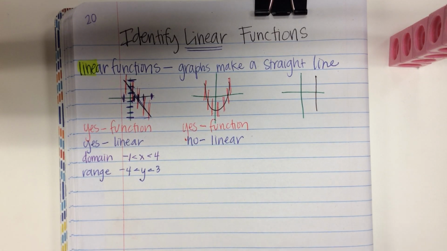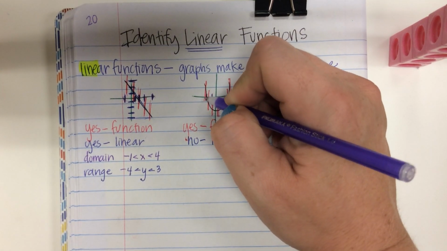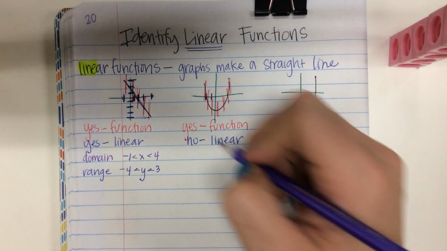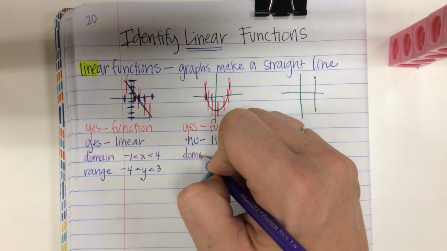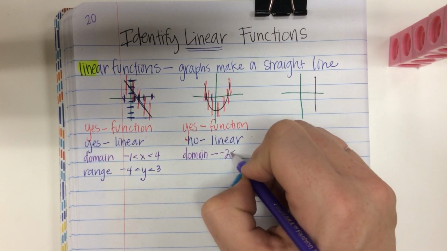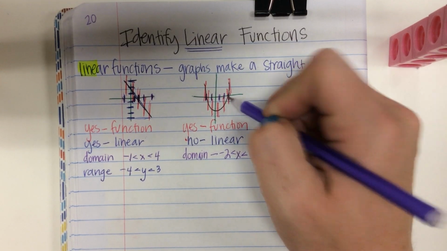And let's estimate its domain and range again. It's not going to be perfect, but let's say that's -2, and +3.